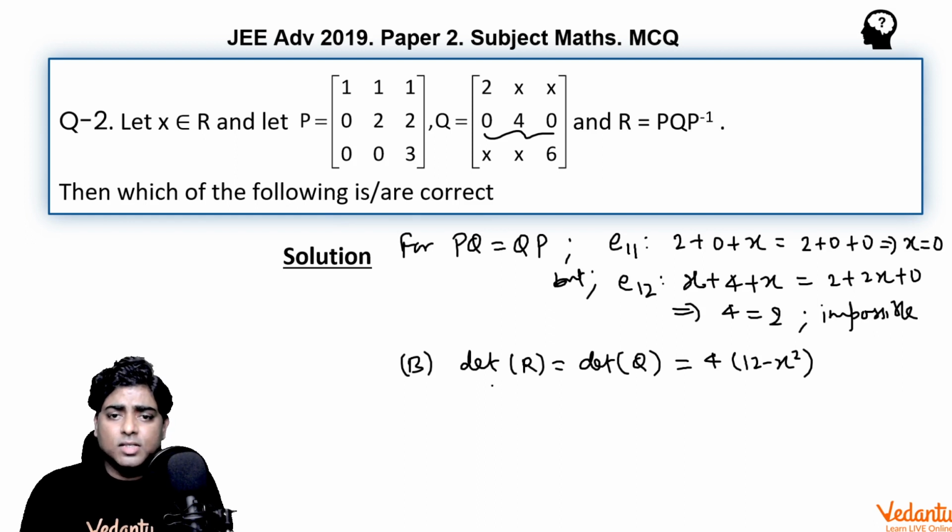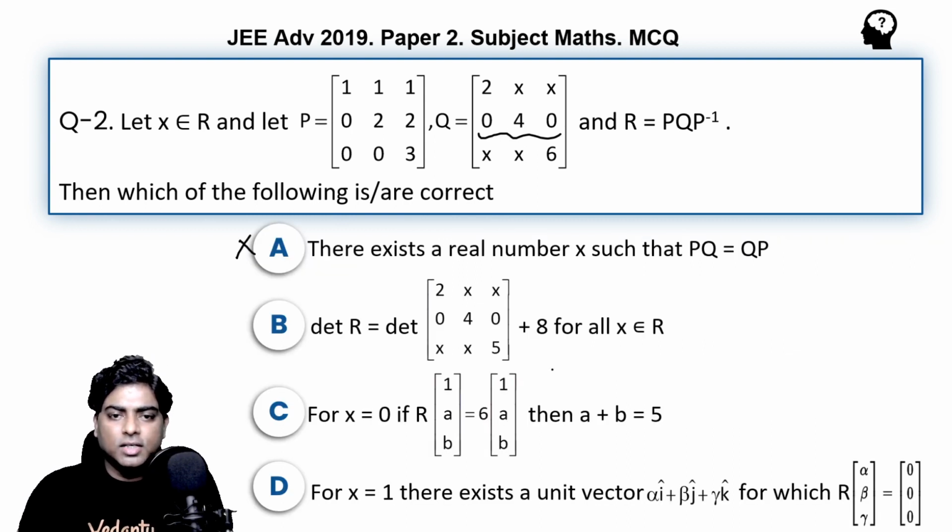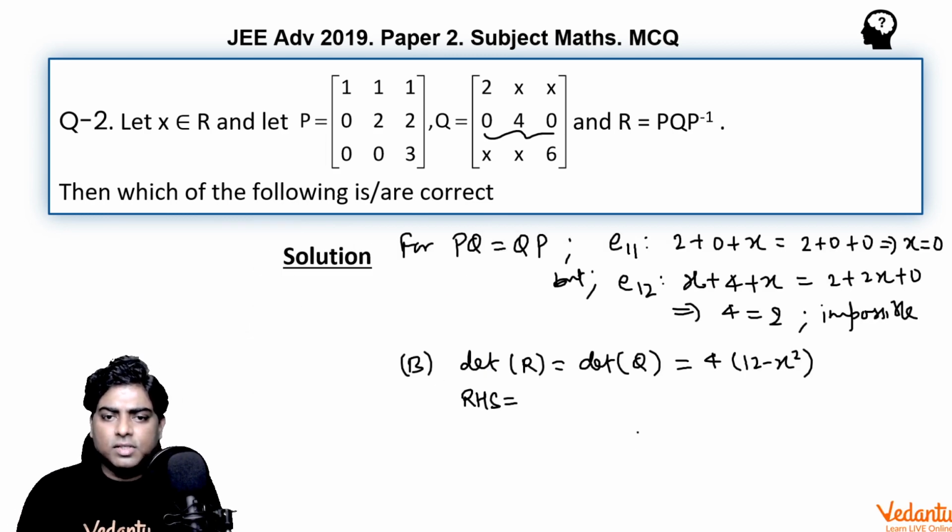Now the det of the right hand side of option B: this 6 is replaced by 5, so the right hand side is 4 times 2 into 5 minus x square.